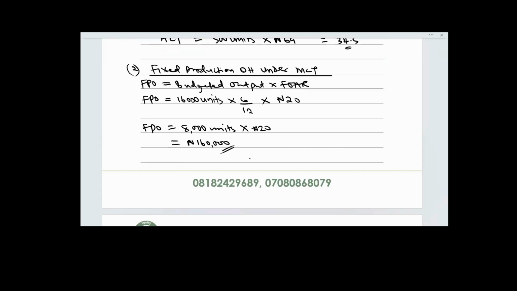So period ending March is 6 months out of 12 months. So that means it's 8,000 for period ending March, 8,000 for period ending September. So I will come here, budgeted output is 8,000 units. Here is also 8,000 units. So I will compare this with actual units produced, actual output.